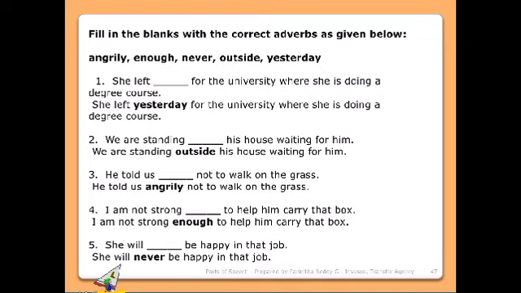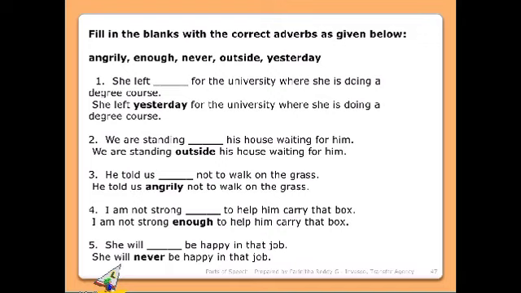She left dash for the university where she is doing a degree course. She left yesterday for the university. She left, because it is using past tense over here. We're standing outside. He told us angrily not to walk on the grass.